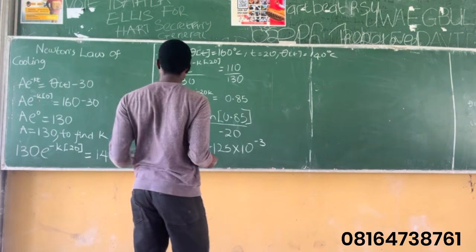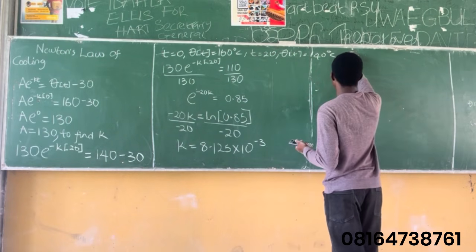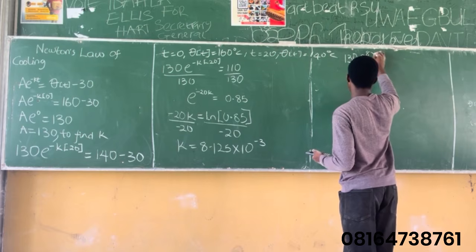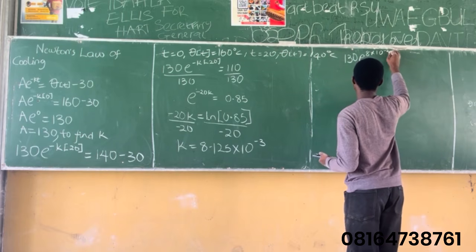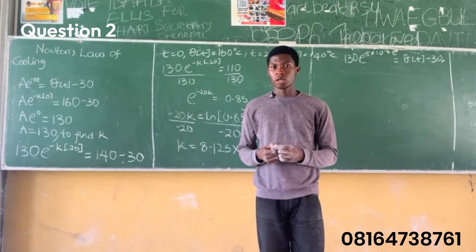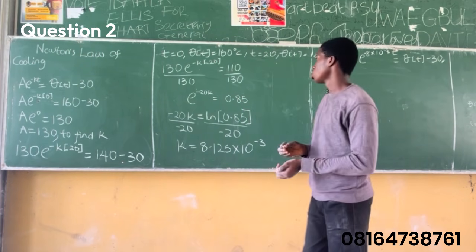So now let's write out the model equation. Our model equation is presented as 130 e raised to power minus 8 times 10 raised to power minus 3 t. For question 2, they asked what will be the temperature of the body after 60 minutes?